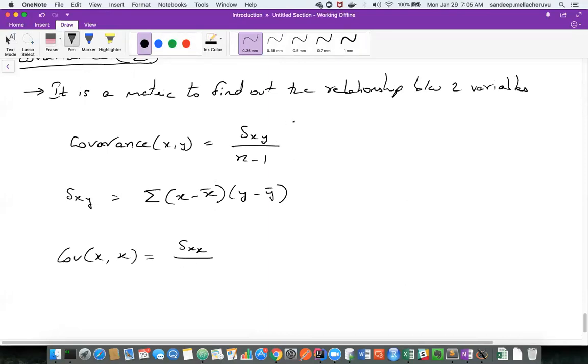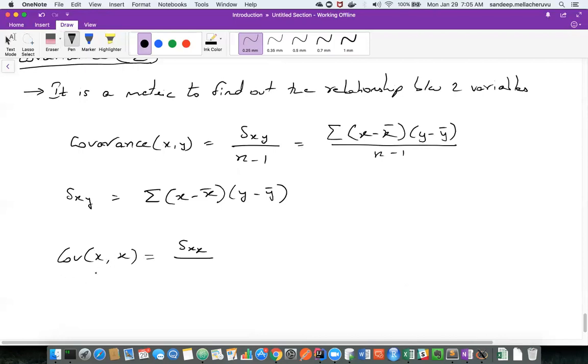So based on this formula, let me substitute here also. Sigma x minus x bar into y minus y bar by n minus 1. This is your formula for covariance. Now what happens when x and y are same?